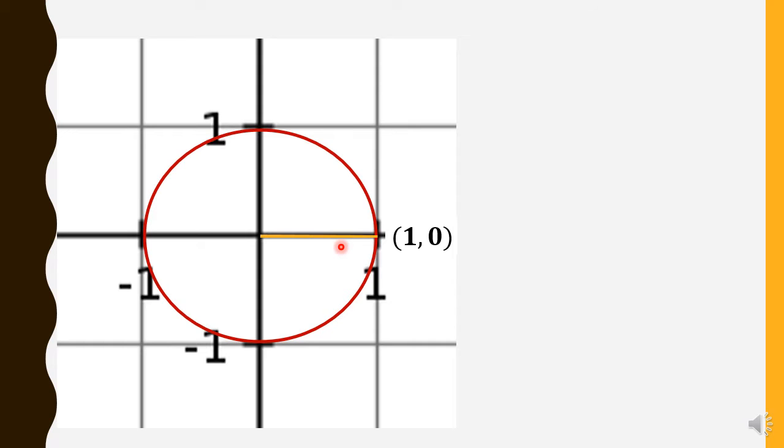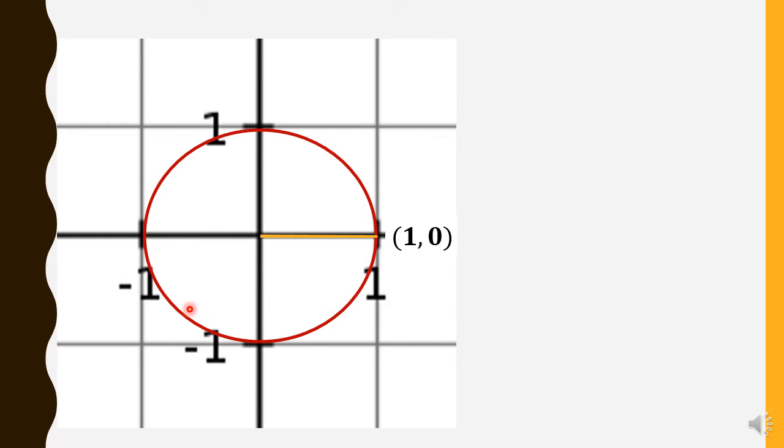Now, let's consider a traveling point that starts from this point, 1, 0. Say an ant that travels from 1, 0, and then it moves along the unit circle along this path.